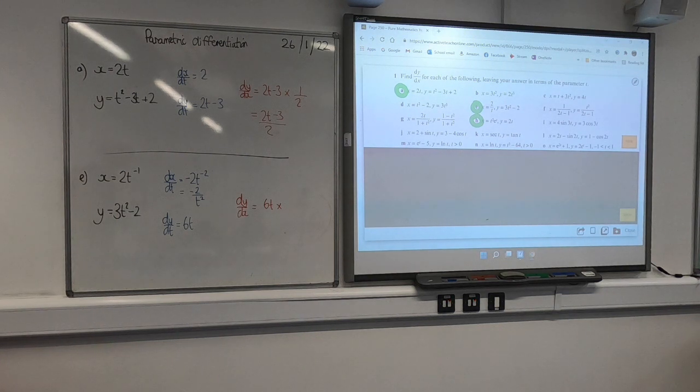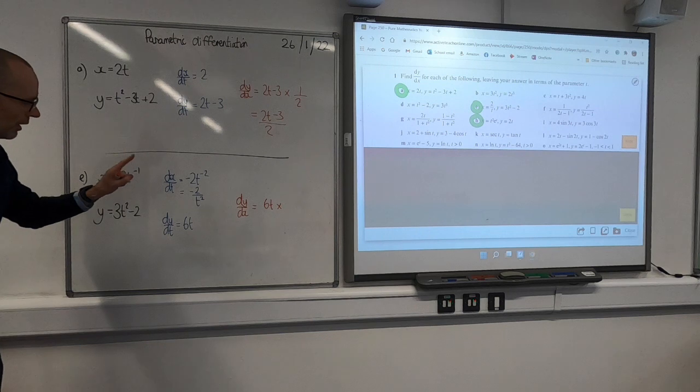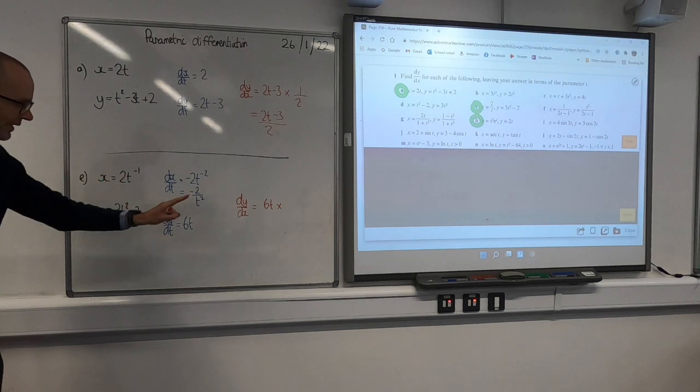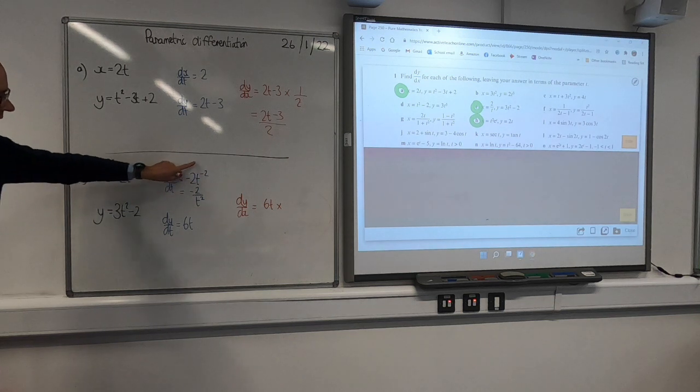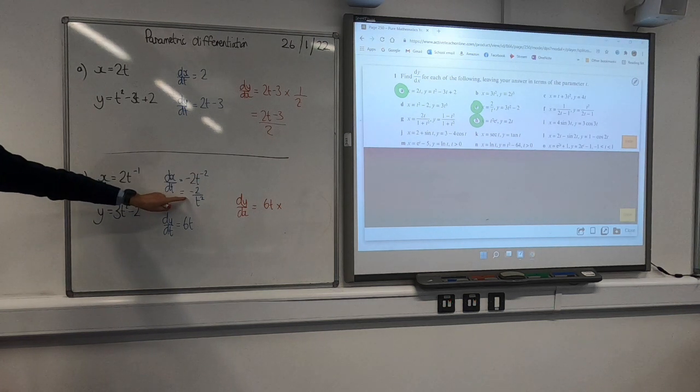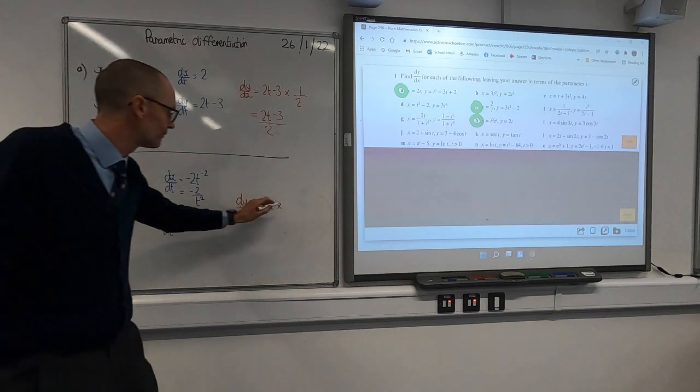So this is where I feel like my method of doing it works a little bit better, because I need to multiply that 6t by 1 over that, and if I rewrite that back in normal form, it's easy to flip it.